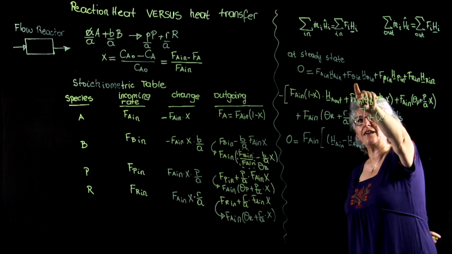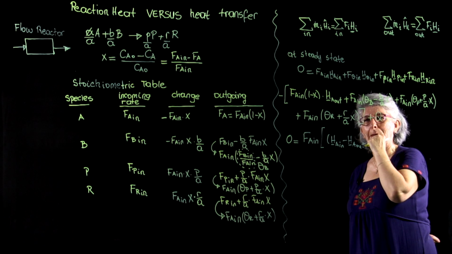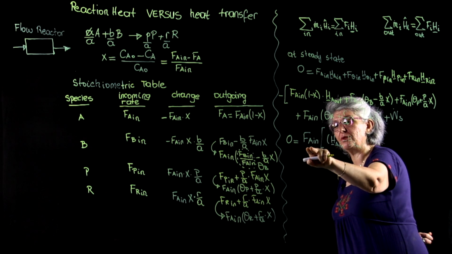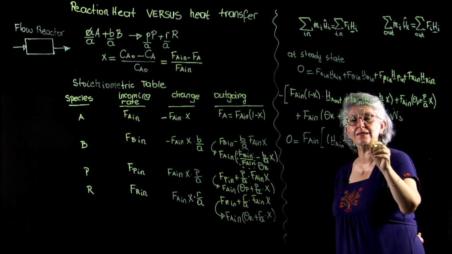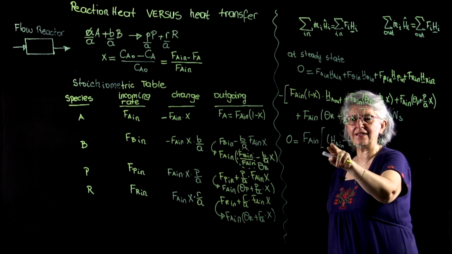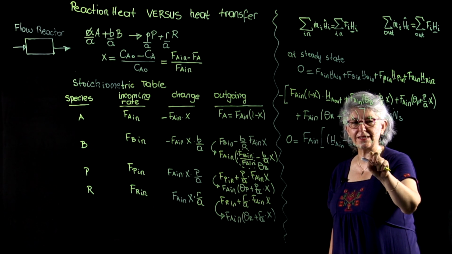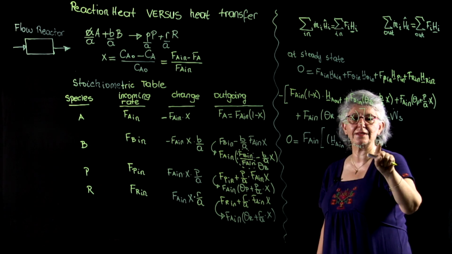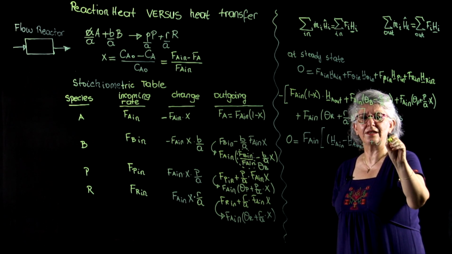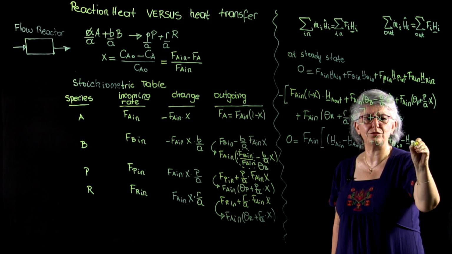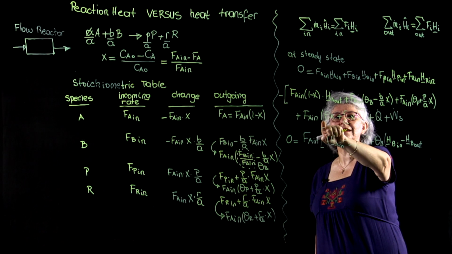Then I have FB in, or in this global FA in parentheses, I can write plus theta B times HB in minus HB out.